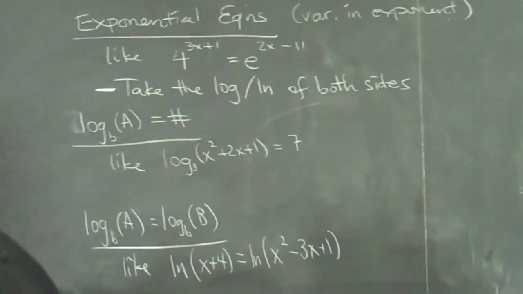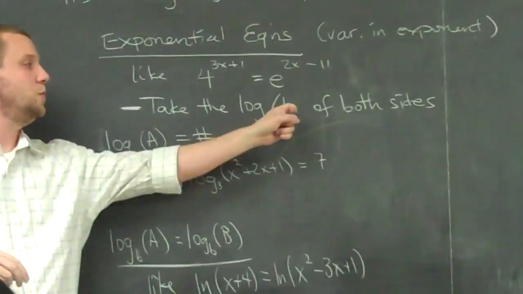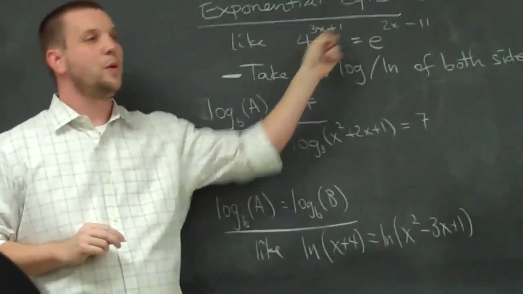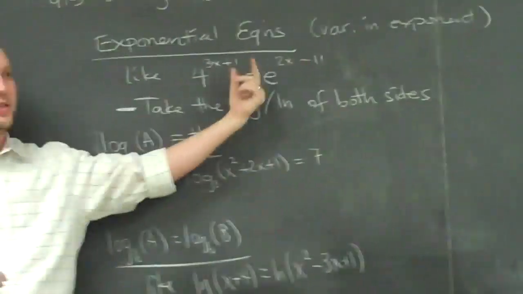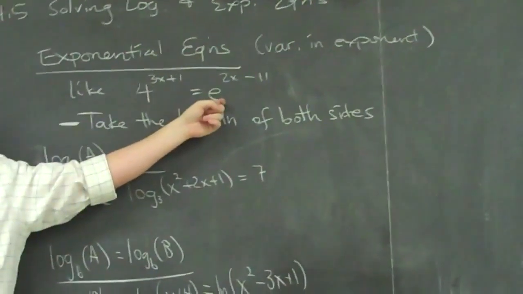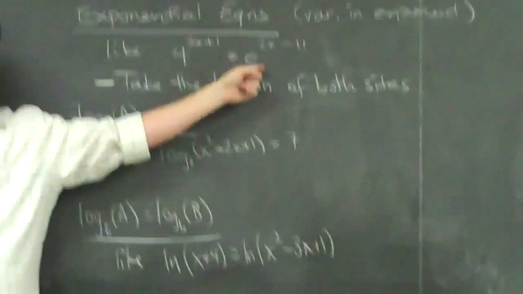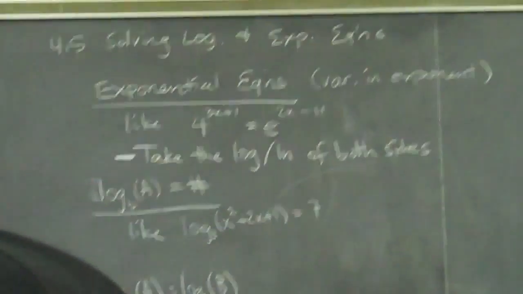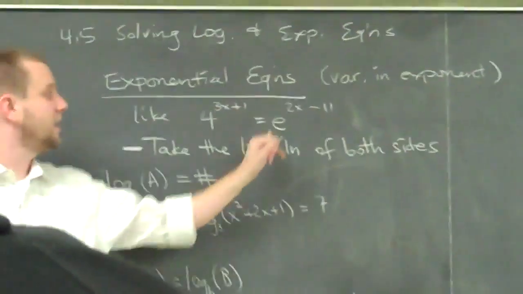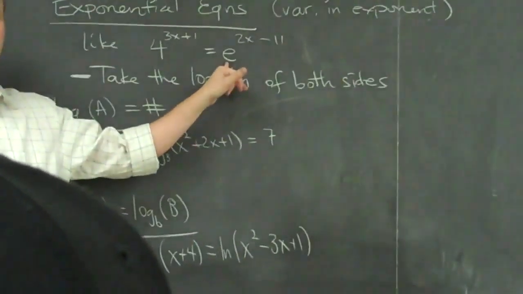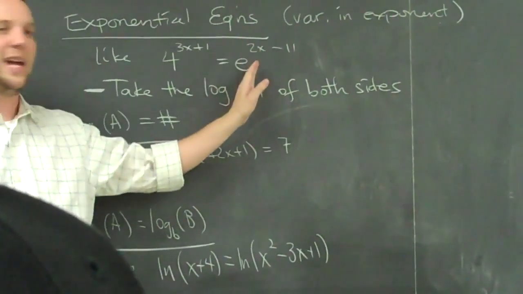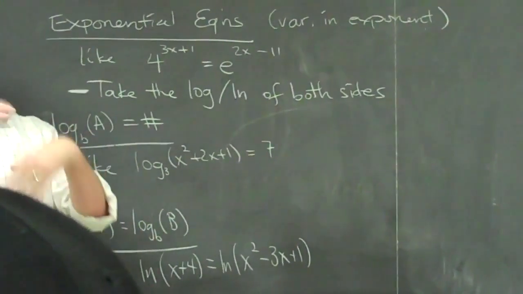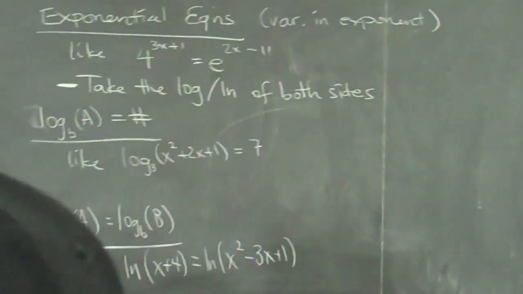You're allowed to do that, although I would strongly recommend you do natural log if you have base e. So we probably won't solve this equation. I've got some other equations for you next week. But if I was solving this equation, I would probably take the natural log of both sides. Why would I pick natural log? Because it's going to cancel with my base e. The natural log here is going to cancel with the e, and I'm just going to be left with 2x minus 11. Otherwise, I'm going to have to do some other stuff with exponents and things, okay?